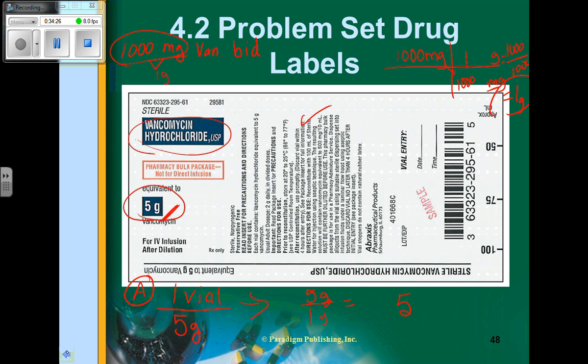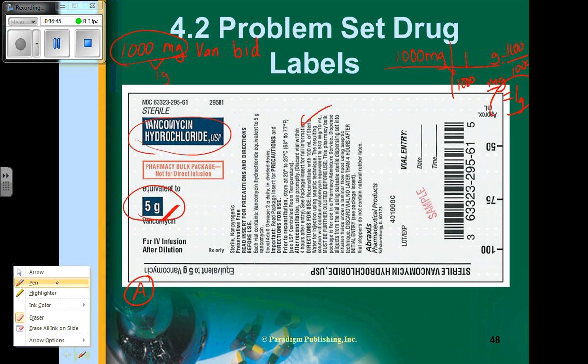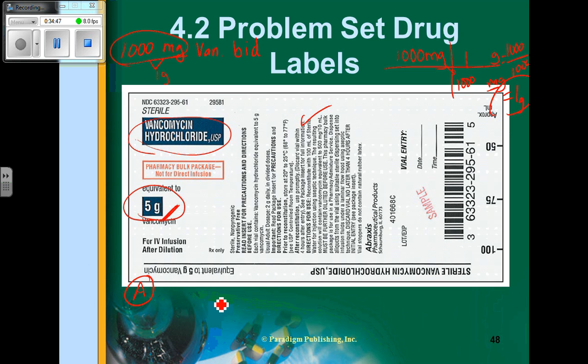For B, you want to know how many days 1 vial will last. To do that one, you could do a ratio proportion. Let me erase this so I'll have room to write. You want to find out how many days, X days, in this one vial.